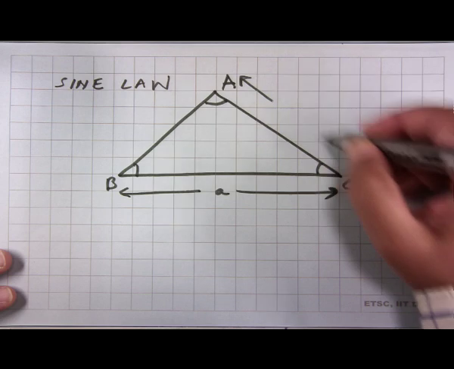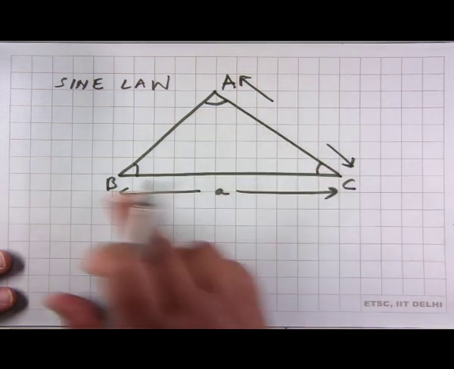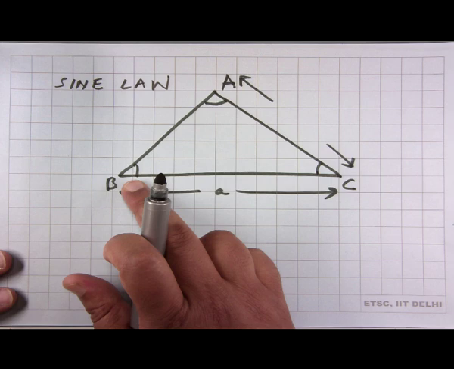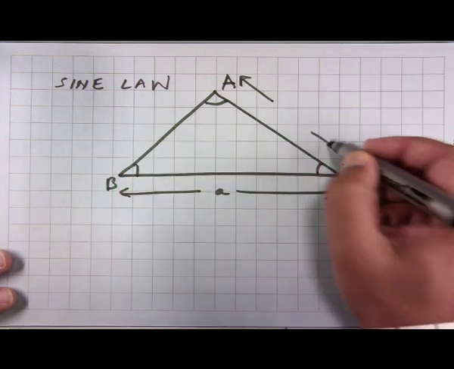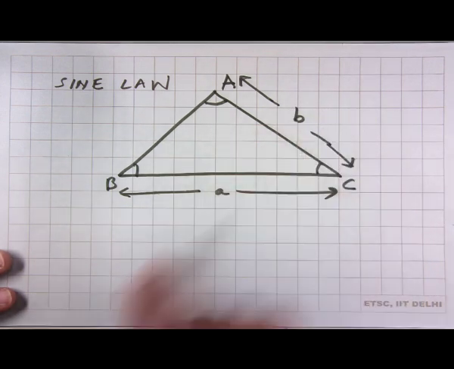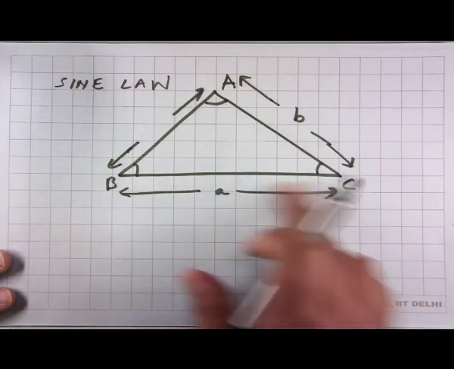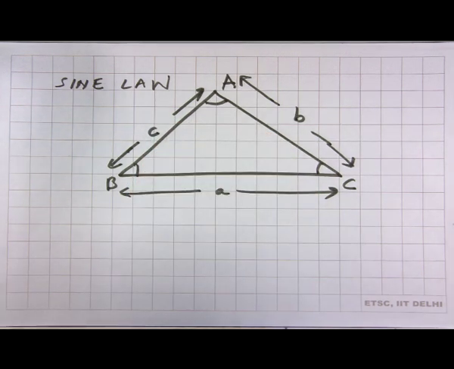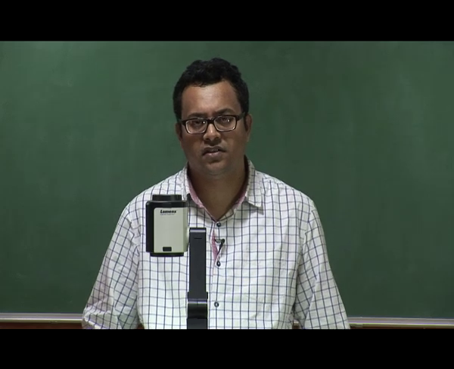The side opposite to angle B will have its length denoted by lowercase b, and the side opposite to angle C will have its length denoted by lowercase c. This is the convention that we will be following throughout our discussion in this lecture and subsequent lectures also.